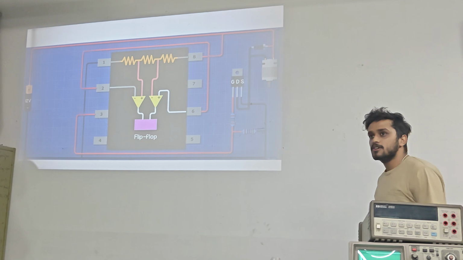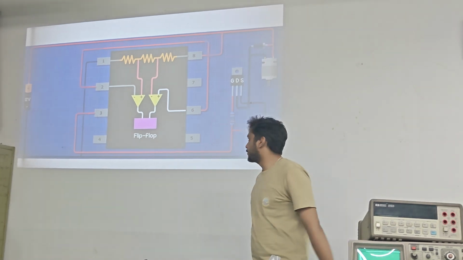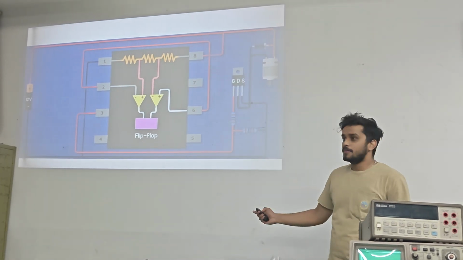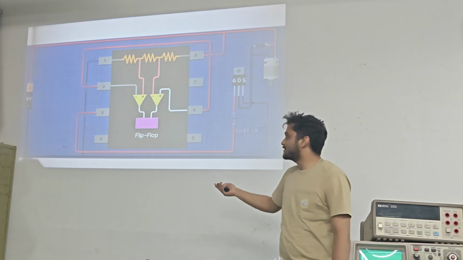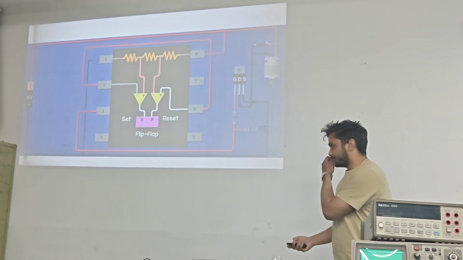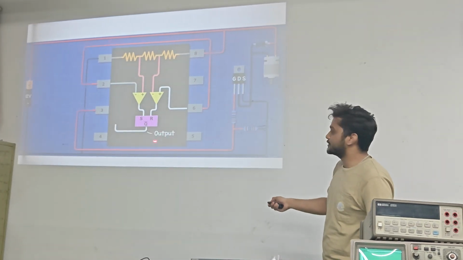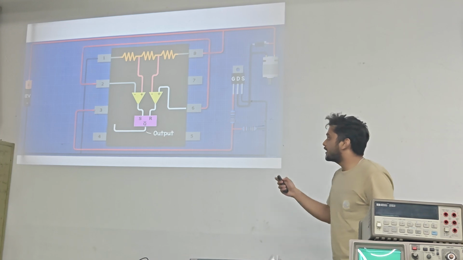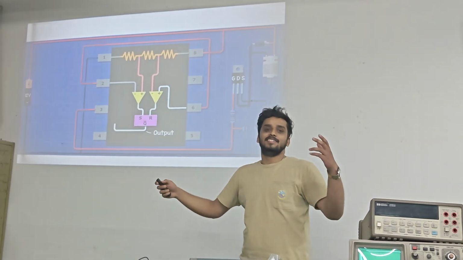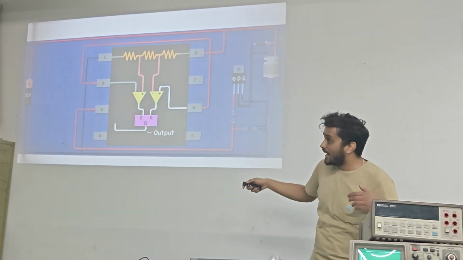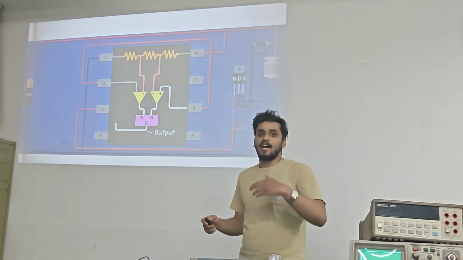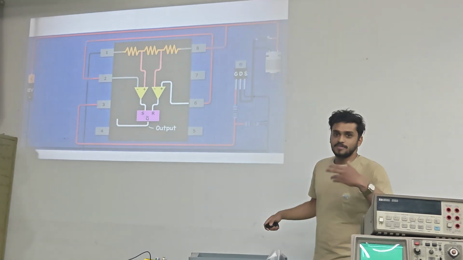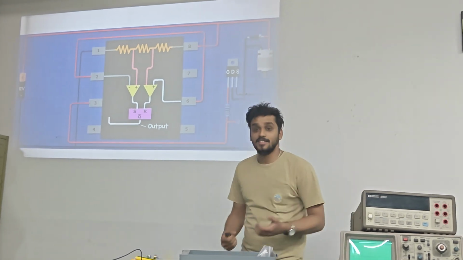And the output of these comparators is connected to a flip-flop. So the flip-flop used here is the SR flip-flop, and the output here is Q bar. So basically when S is high, then Q will be high, right? We have studied that in our basic electronics.